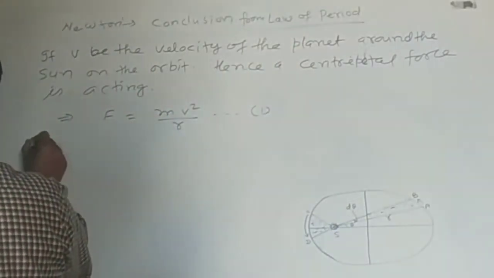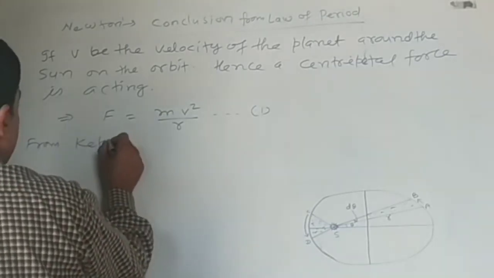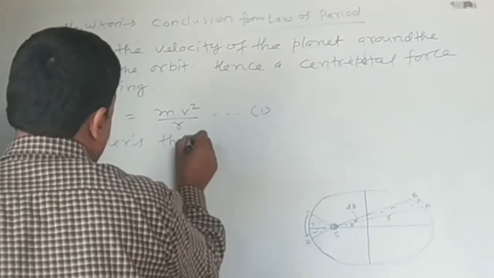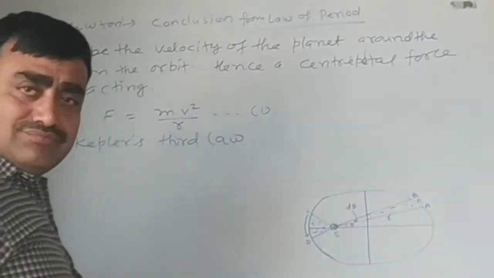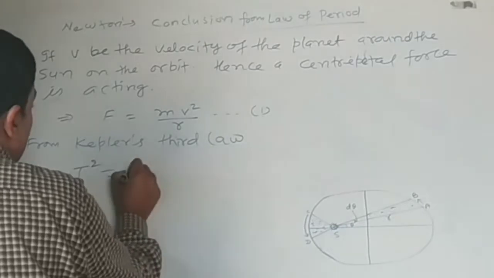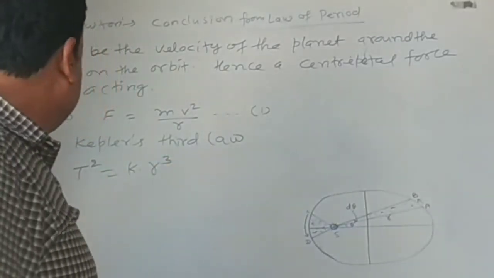From Kepler's third law, T square is equal to K into R cube. Okay.